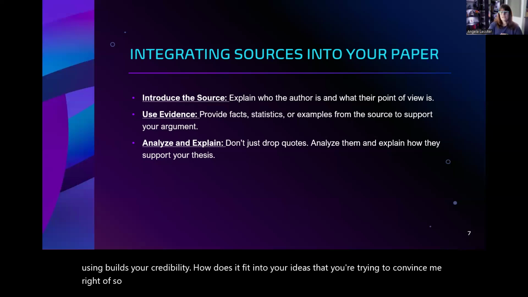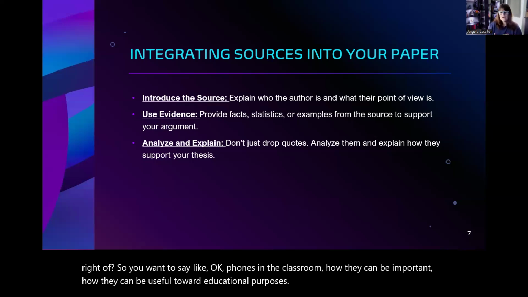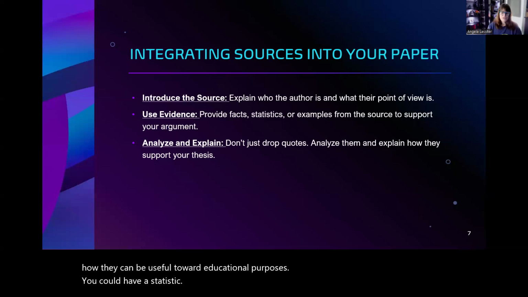So you want to say, okay, phones in the classroom, how they can be important, how they can be useful toward educational purposes. You could have a statistic from an experiment done where they used Kahoot on phones in a classroom and how it raised grades by 10%.